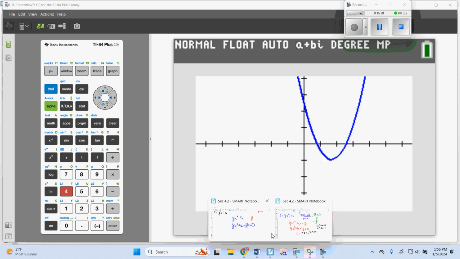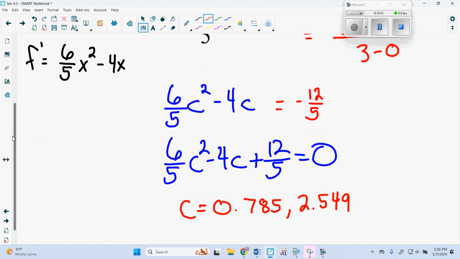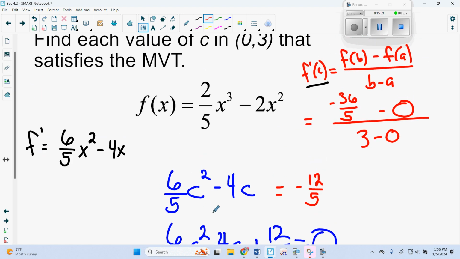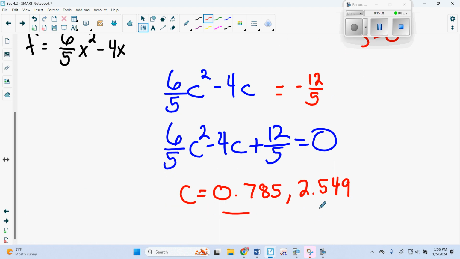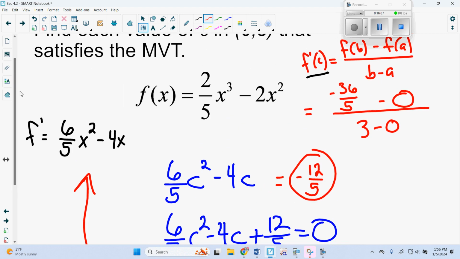We can find those on our calculator, and if we wrote those down, we would get 0.785 and 2.549. So what we have found is at these two values, if you put those into the derivative, you equal this value, which comes from our formula over here.